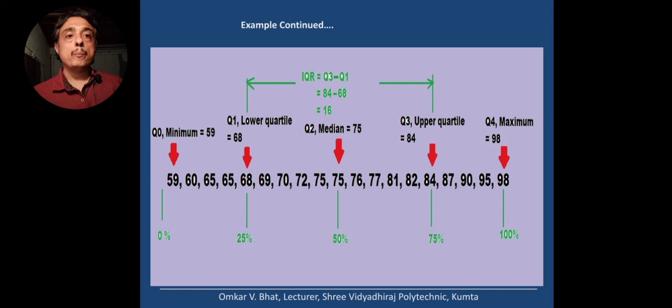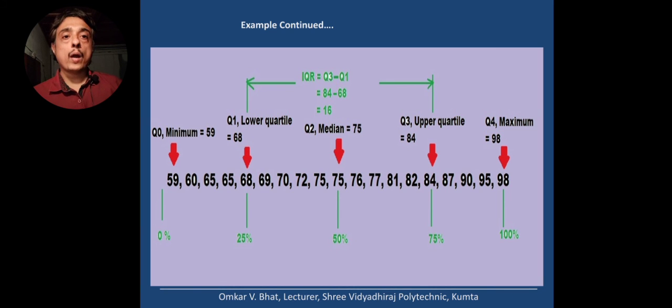So this median divides the entire data set into two parts. One is lower part or lower half and the other one is upper half. Okay, so lower half is from 0% to 50% and upper half is from 50% to 100%. So the median divides the entire data set into two parts.